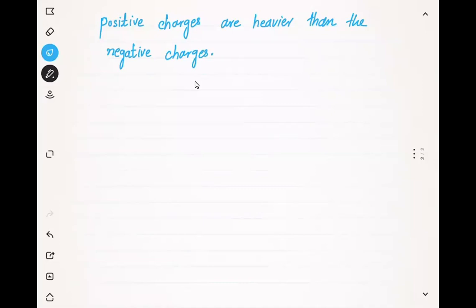Positive charges are heavier than the negative charges. It was discovered at the time of the experiment.